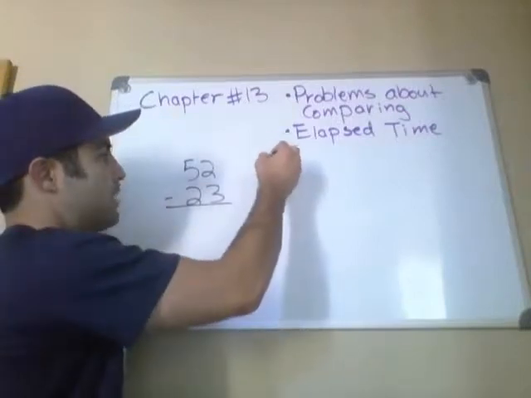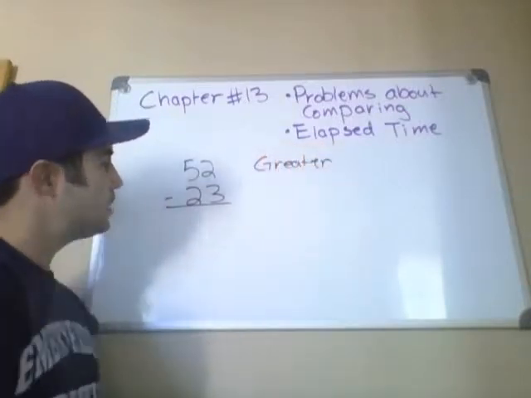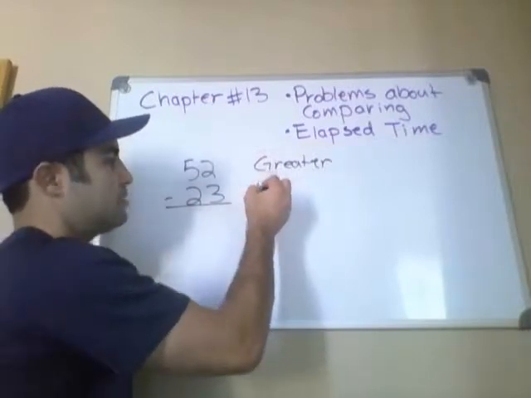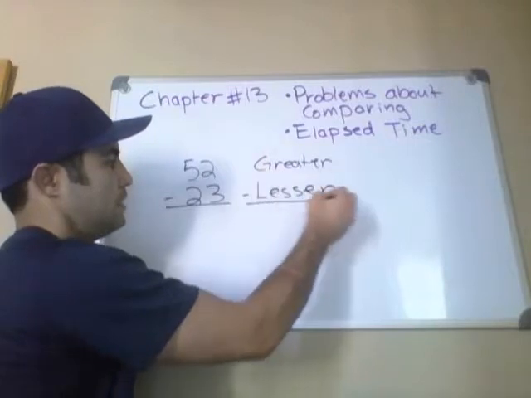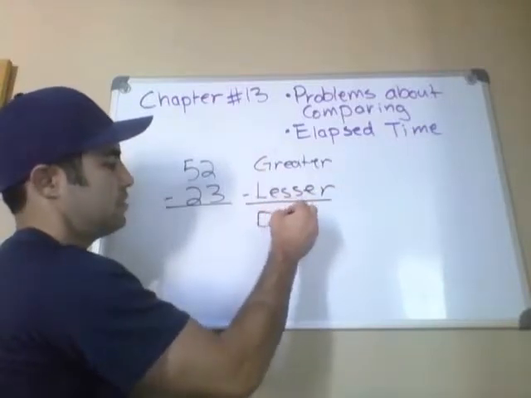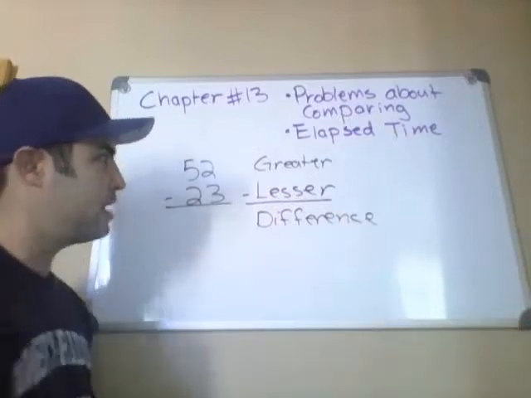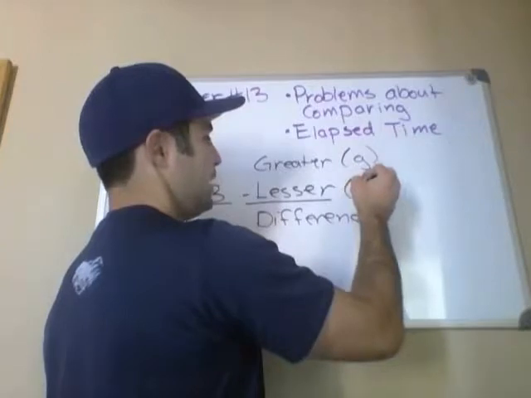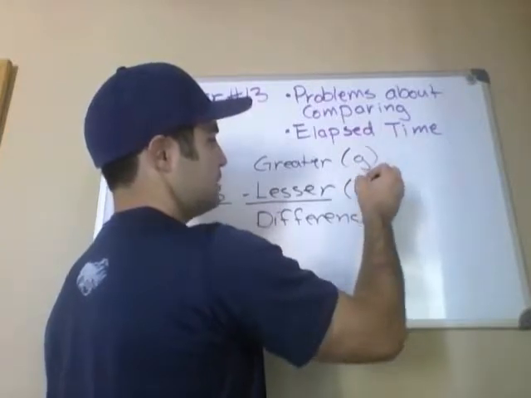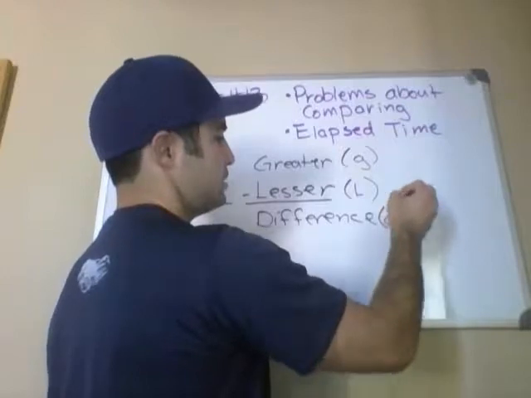So you're taking the greater value and you're subtracting the lesser. And then you get your difference. So let's have G represent greater, L represent lesser, and D represent difference.